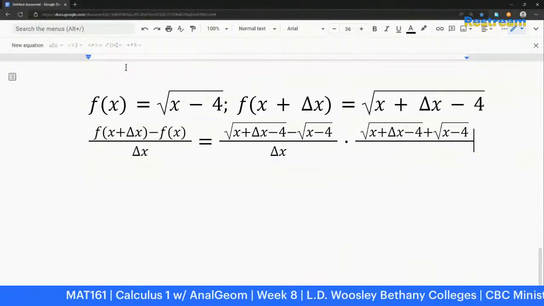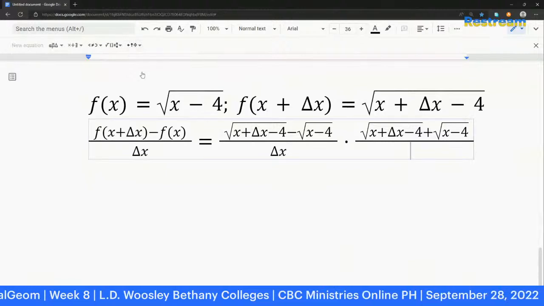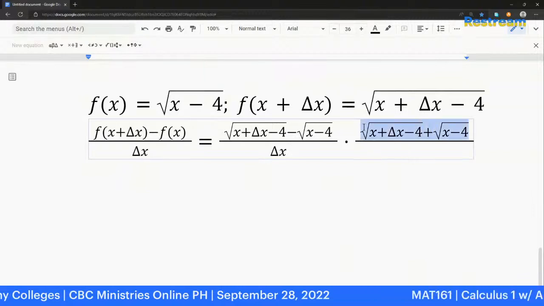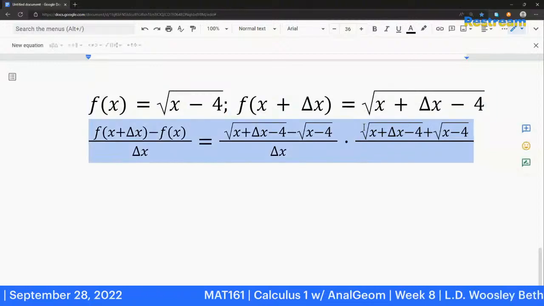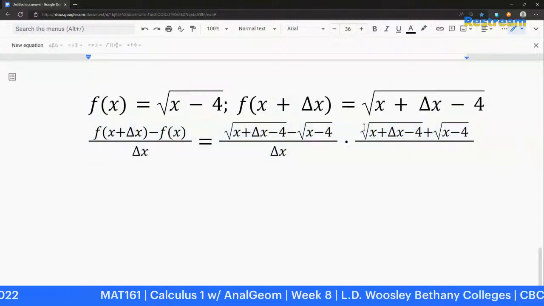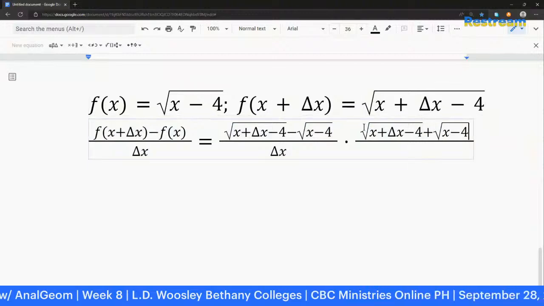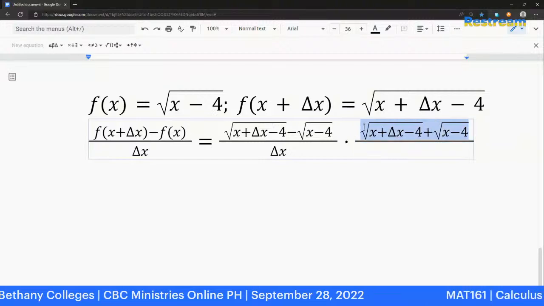All over delta x. All over the entire numerator, no? Whatever is written in numerator, you will multiply also to your denominator. Problema tong mouse ko. Highlight lang kita.